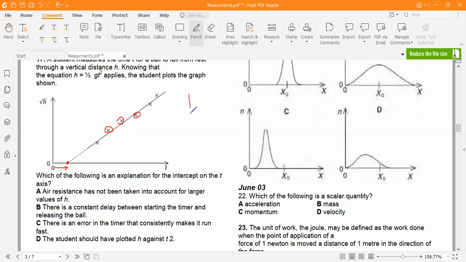If you have a scale that starts from 1 instead of 0, and I use this scale to take a reading of something, my answer will always be off by 1 centimeter. So if the actual length is 2.3 centimeter, I will get 3.3 centimeter on my scale. All my readings will be wrong.